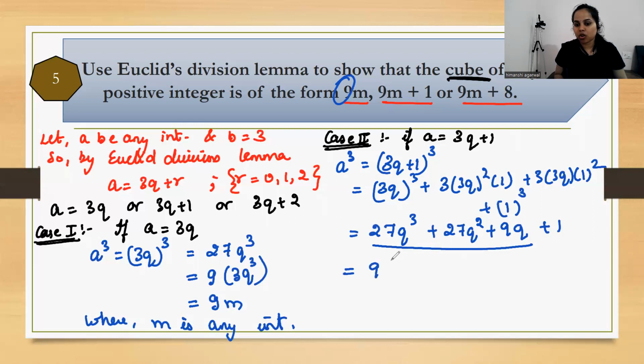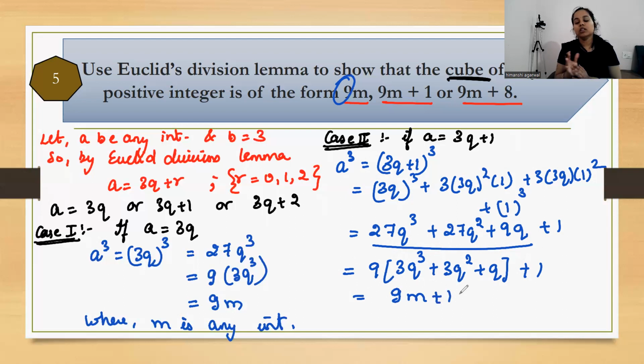So if I take 9 as a common, what do I get? 9 into 3q cube, 3q square plus q and plus 1. तो इसको हम क्या लेट कर लेंगे? अगेन m लेट कर लेंगे. तो ये बन जाएगा 9m plus 1 फॉर्म. ठीक है. यहाँ पे m क्या होगा? Where m be any integer, right?